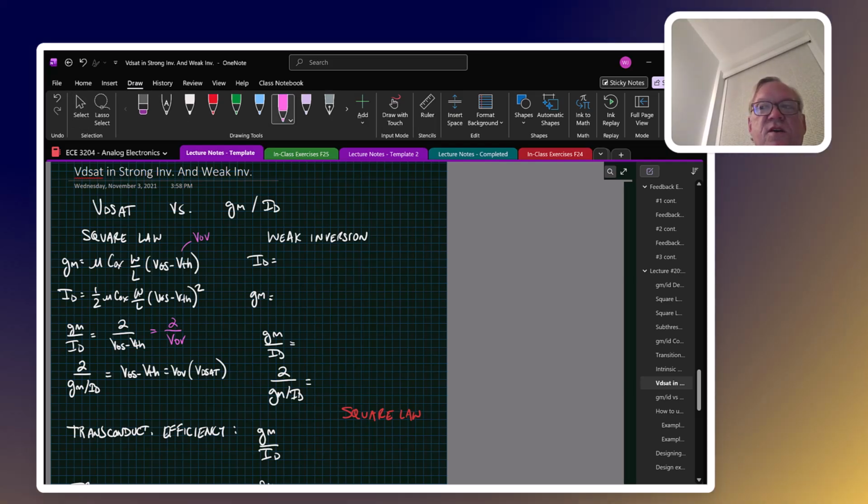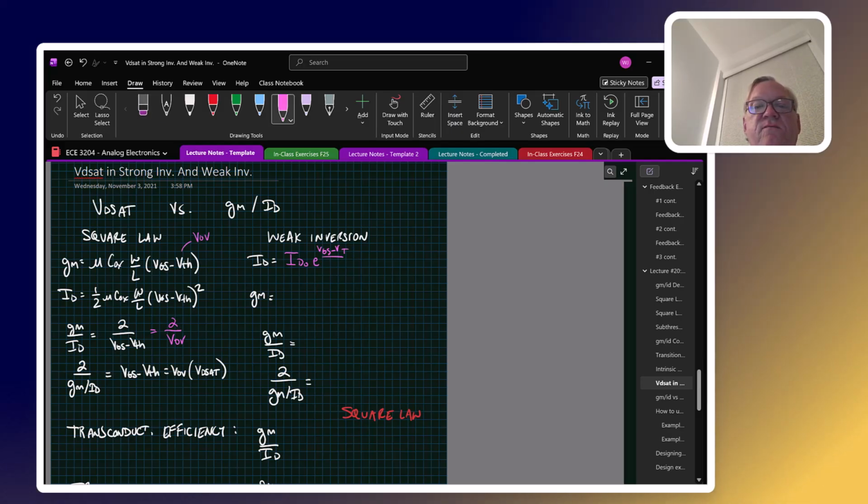In weak inversion, we know that our drain current is equal to ID0 times E to the VGS minus VT, where VT is the thermal voltage, divided by N times VT, quantity times 1 minus E to the minus VDS over VT.